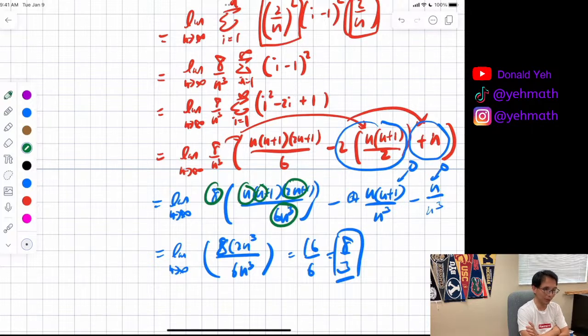I'm not going to write out everything, but I know it's going to have 2n cubed plus 8n squared plus something n. Any of those other terms are going to go to 0 because the bottom is n cubed. So the only thing that can match is the highest degree. The highest degree is n cubed on the numerator, n cubed on the bottom. The coefficient in the front is going to be 16 over 6. It's going to be 8 over 3, regardless of whether I use right endpoints or left endpoints.